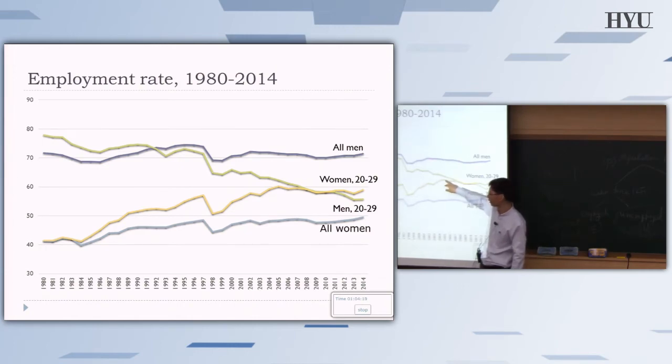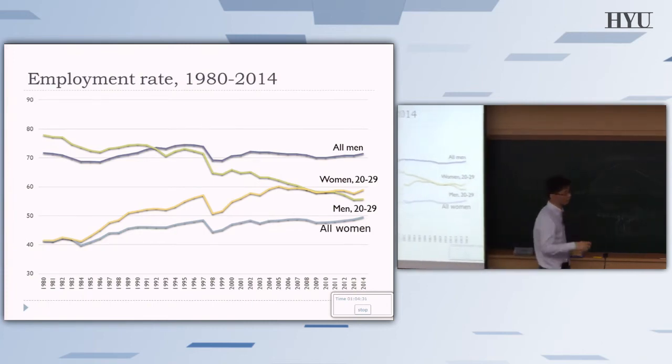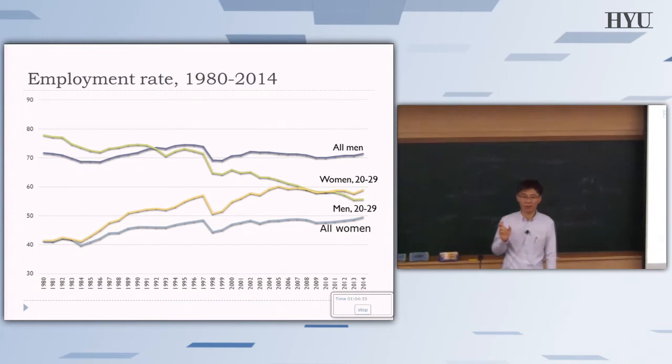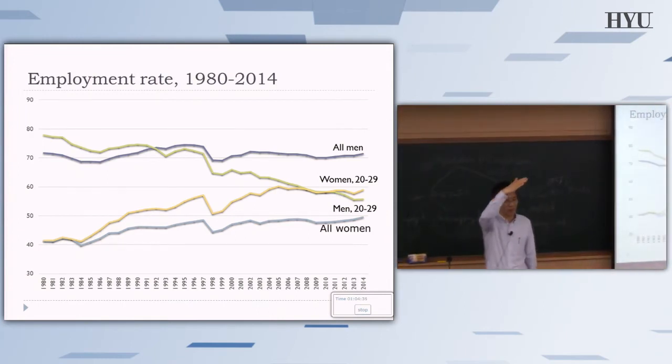For young women, it is also slightly decreasing. See, it's not increasing. So obviously, for the past 10 years, the Korean young men and women have had decreasing employment rate. So smaller and smaller percentage of people are employed.